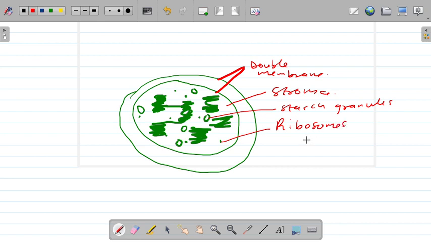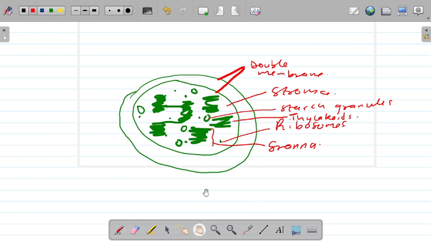Which proteins in particular? The enzymes. Good. And then these stacks, what do we call these stacks? Grana. Many grana, one granum. Each of these plate-like structures is called the thylakoid.